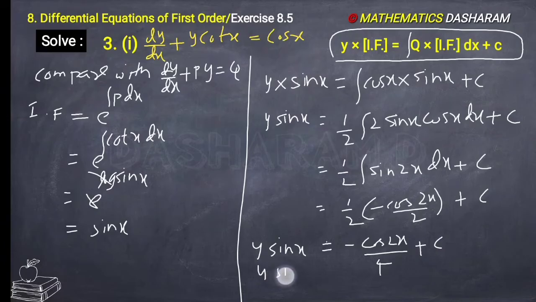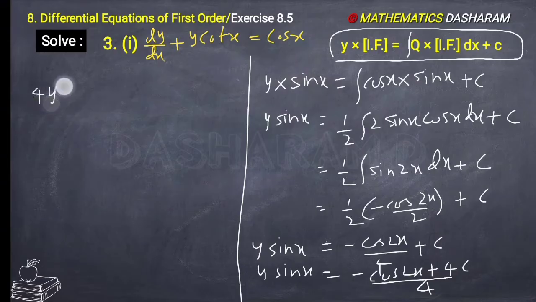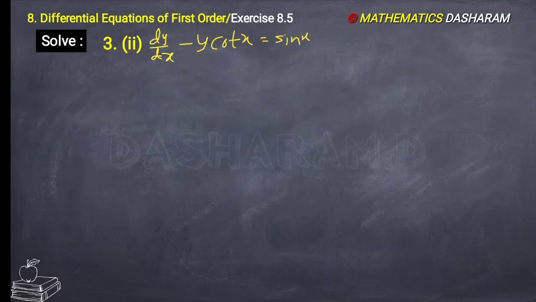Next, y into sin x equals minus cos 2x plus 4c by 4. Next, 4 transposes to the left side, then 4y into sin x equals minus cos 2x plus 4 into c, which can be written as c. That is our required answer.